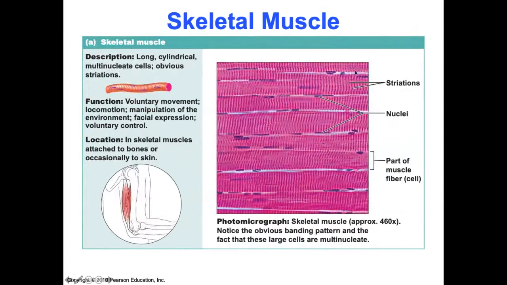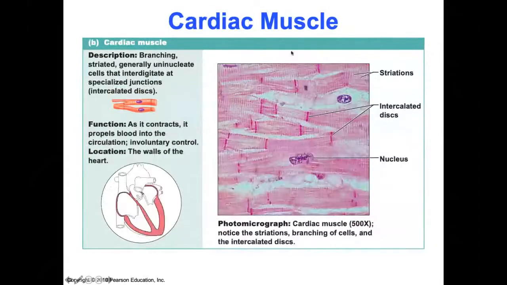However, when we look at skeletal, we see how these fibers are pretty much linear and very parallel, and we don't see branches. But in cardiac, one of the key features is that it is branched. It's branched, striated muscle.